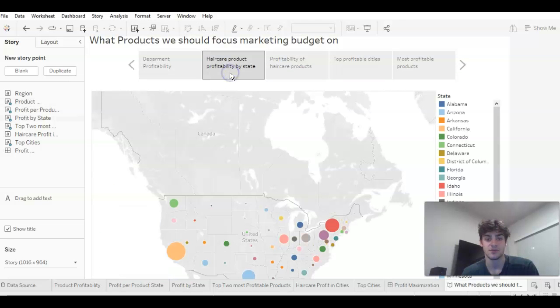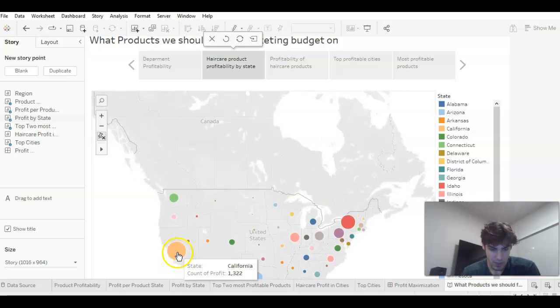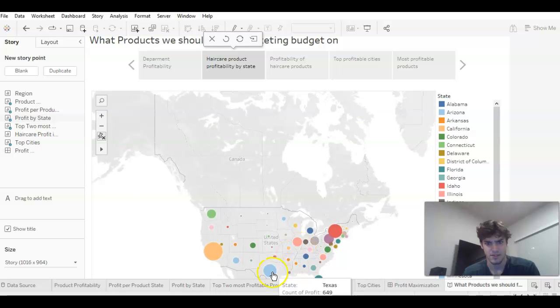The next thing in the storyboard was the United States. As you can see, we have the whole map, and we can see exactly where we're making a lot of our profit. I started to notice a trend here. Places like California, Texas, Illinois, Florida, New York, Pennsylvania.